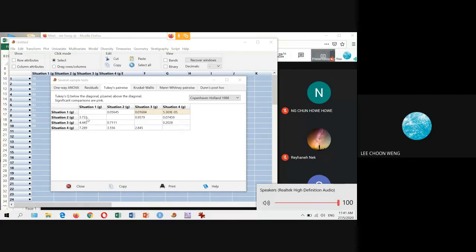So Q equals 3.733. Okay. So when you compare situation 1 and 2, the Q is 3.733 and the p is 0.05645. So it's more than 0.05. That means statistically there is no difference between 1 and 2. So the highlighted ones here show that situation 1 is different from 3, situation 1 is different from 4.